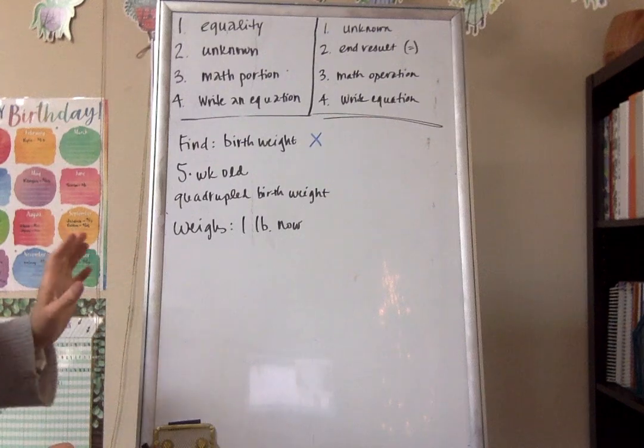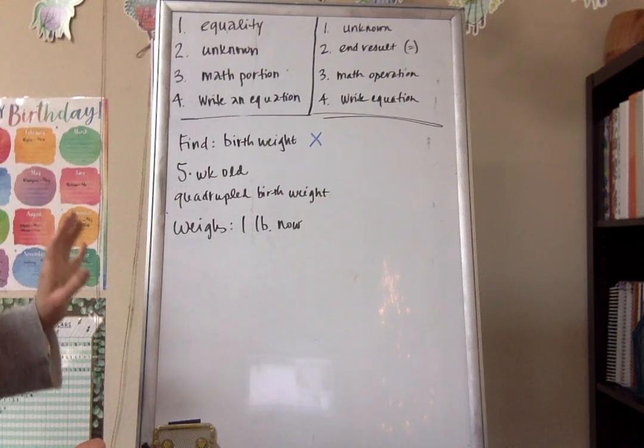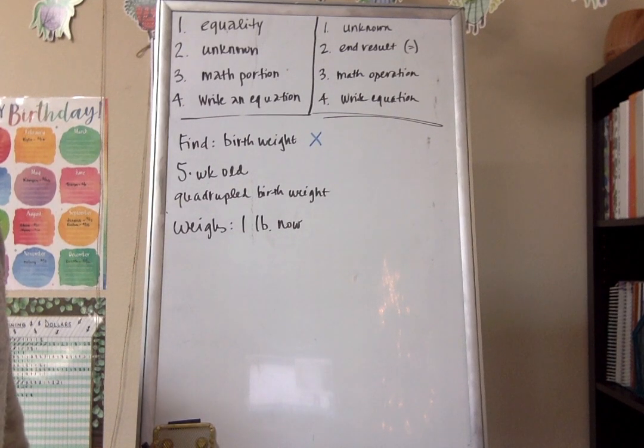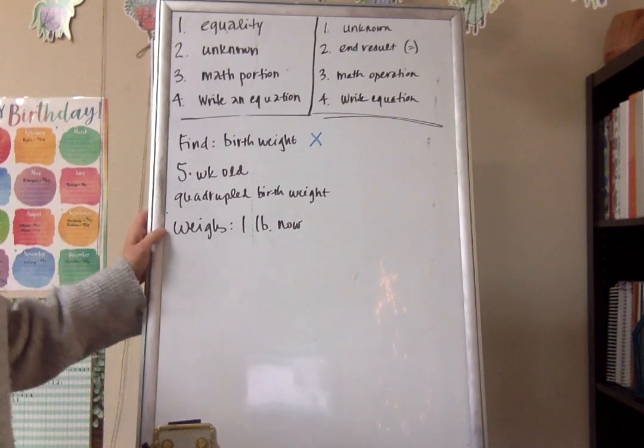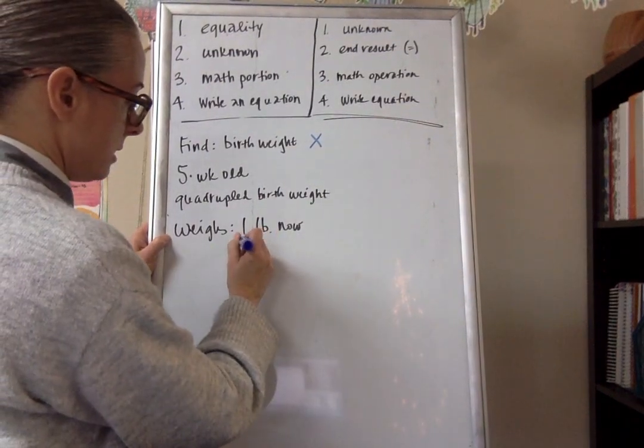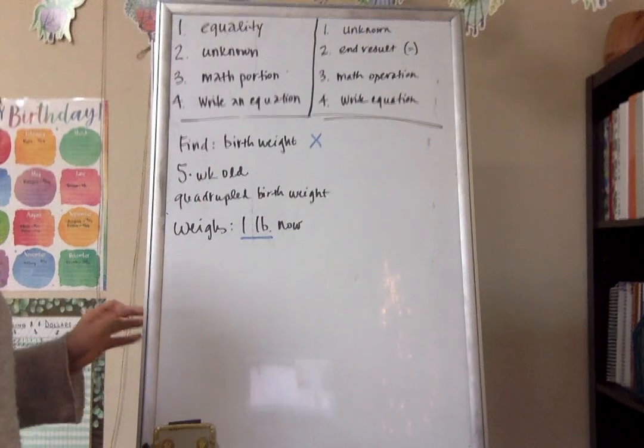The next thing we need to do is see what are we looking for. We're looking for the end result. The end result is that it now weighs 1 pound. Okay, so 1 pound is our end result.